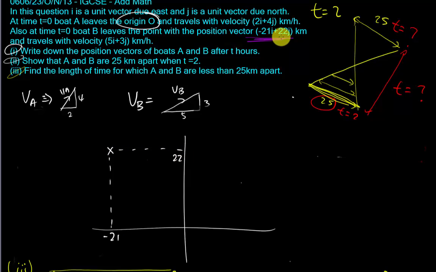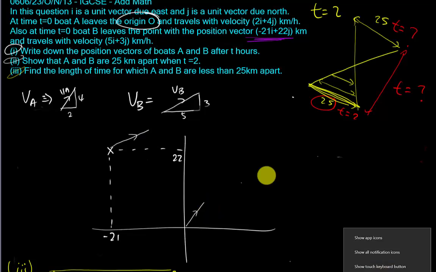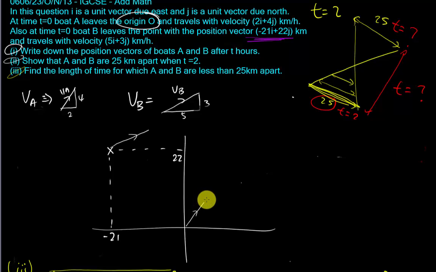Okay, and then B is moving like this, 5, 3, isn't it? And then A is from here, moving like this, 2, 4. This is with the direction. So just imagine the direction over here will be 5, 3.